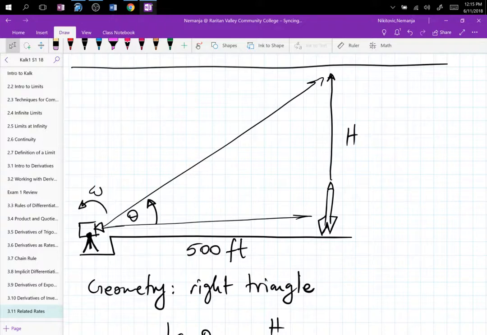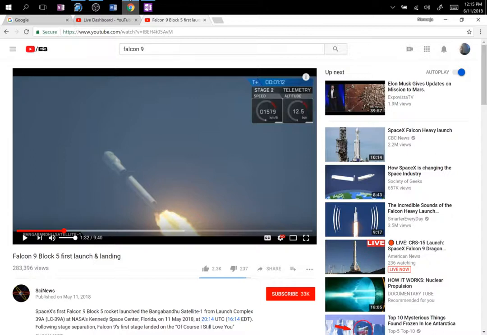Yeah, but what is that? Velocity. It's the speed of the rocket. Do we have that? Yeah, we do. 1,579 kilometers per hour.